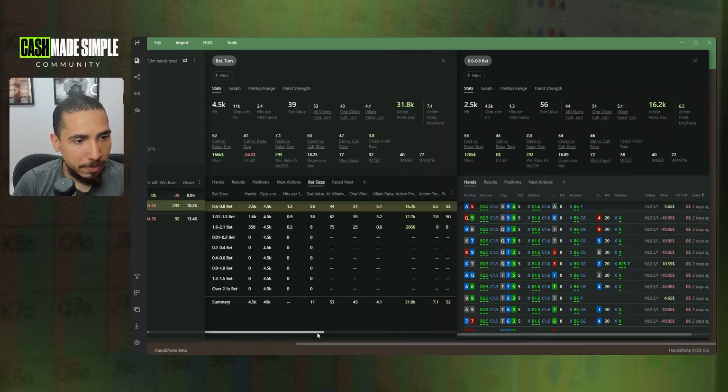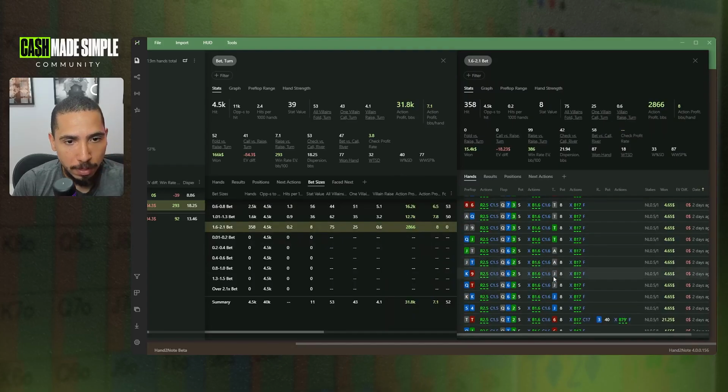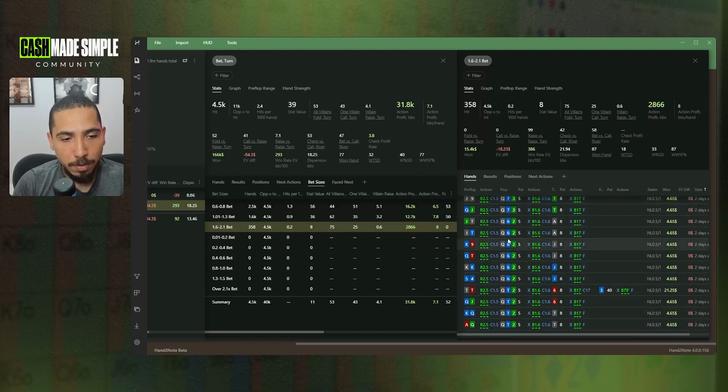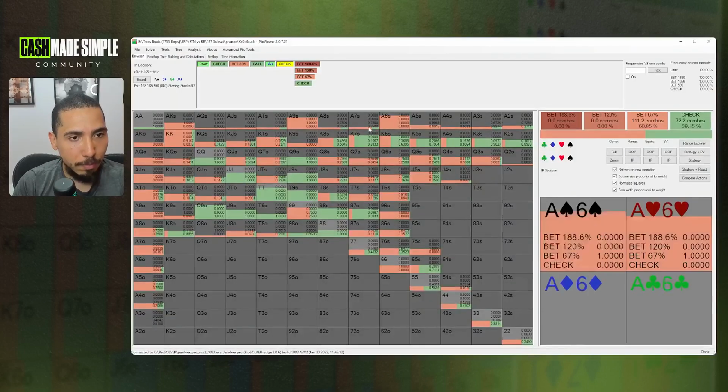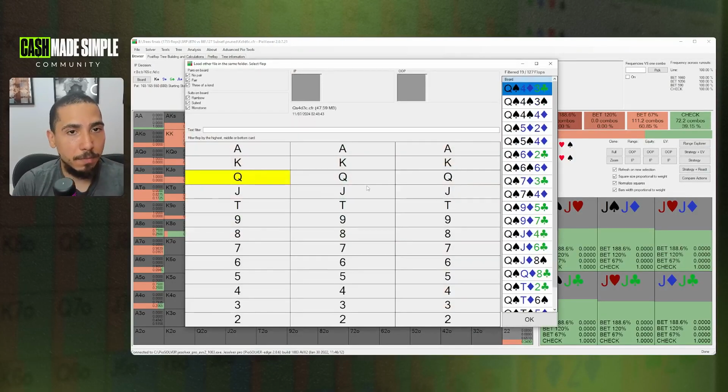Actually, let me see quickly if on the runouts that it becomes double Broadway, whether it matters or not if it opened a flush draw, because I don't think it does. Yeah. In the high-low-low boards where the turn opens the double flush draw, if it's a Broadway, it doesn't matter much for us.